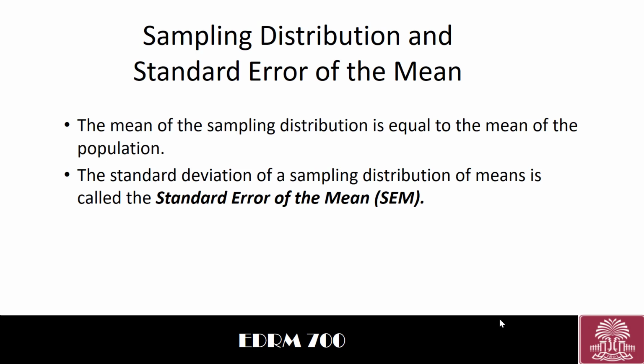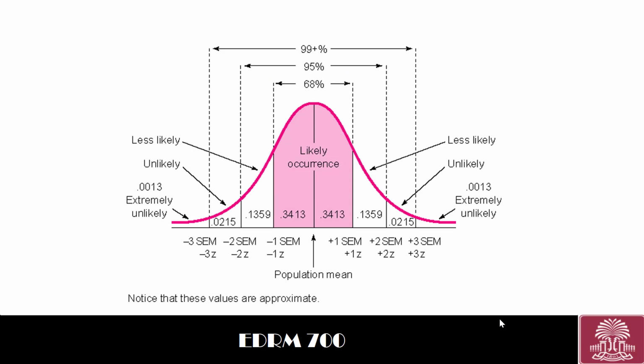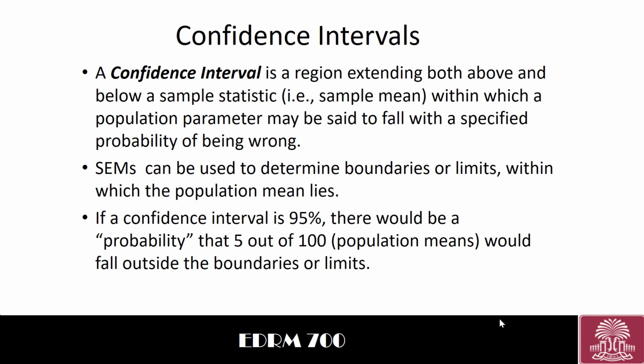To check the variability of the sampling distribution, we use standard deviation of the sampling distribution too, which is called standard error of the mean. It follows normal distribution and the 68, 95, 99.7 rule. This is the foundation of inferential statistics. In the following slides, we will introduce confidence interval and hypothesis testing.